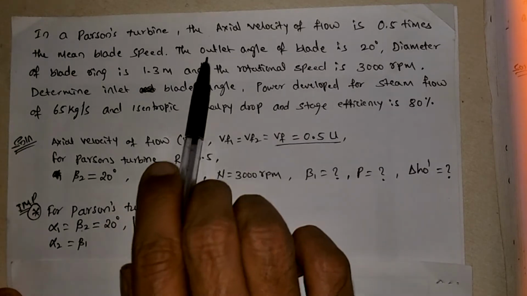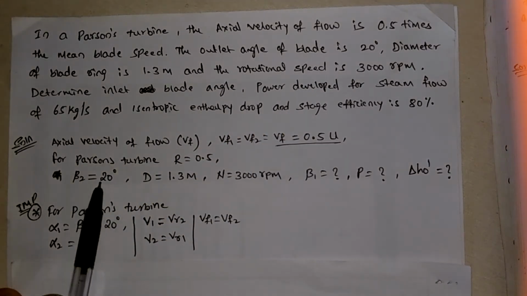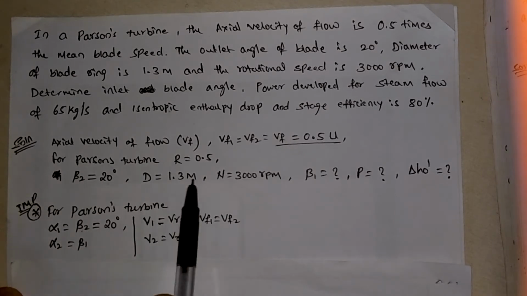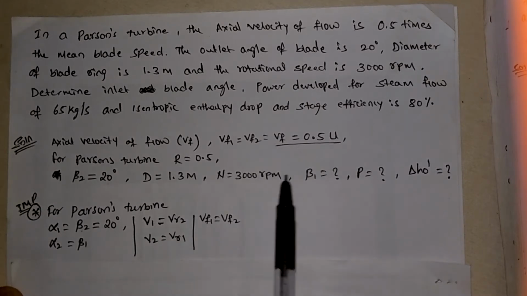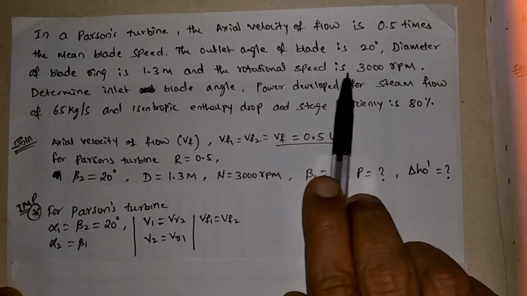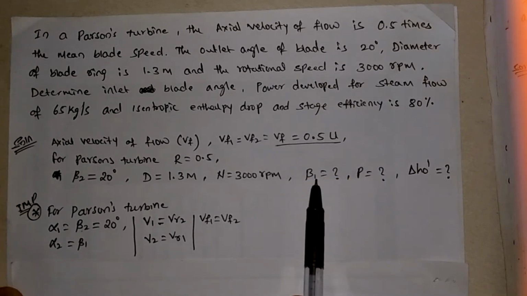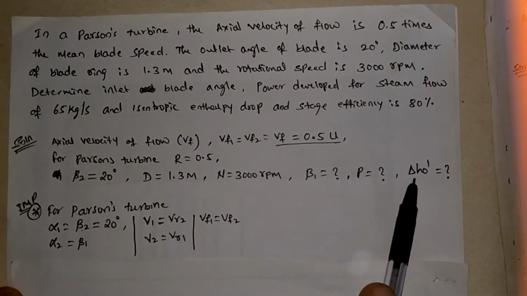So here the outlet blade angle beta 2 is equal to 20 degree. The diameter of the blade ring is given, that is 1.3 meters, and rotational speed is 3000 rpm. We need to calculate beta 1, the blade inlet angle, then power developed and isentropic drop.